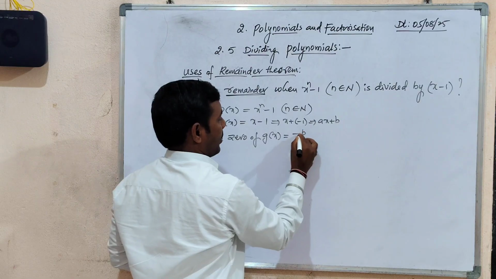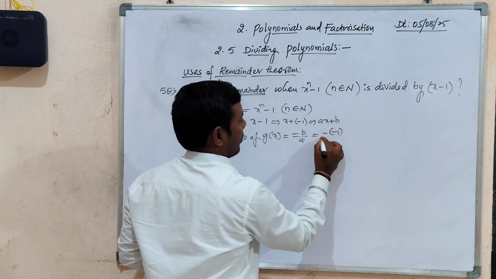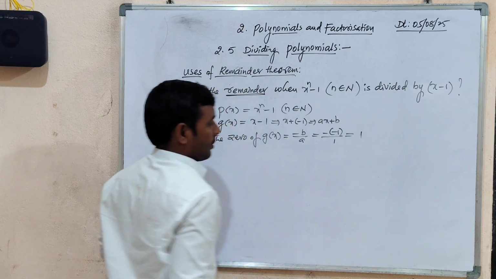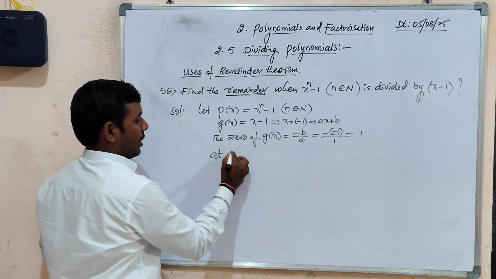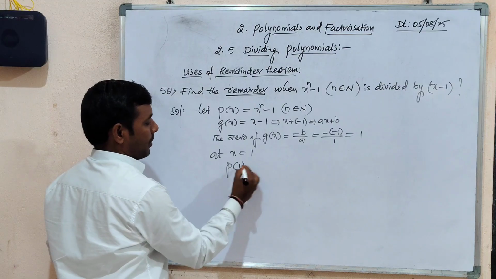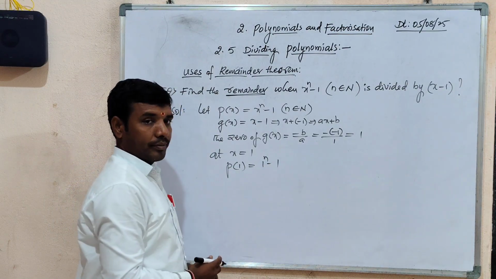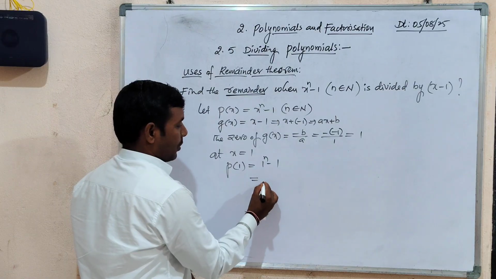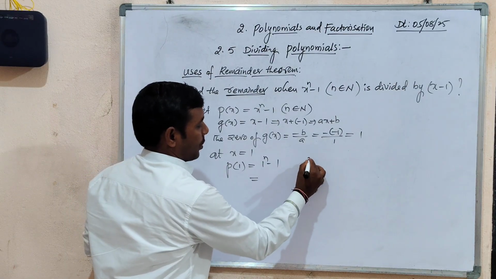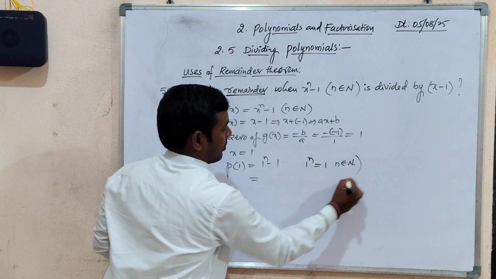Then by the formula minus b by a, that is 1 by 1, the answer is 1. So x is equal to 1, then p of 1, that means the remainder, is 1 to the power of n minus 1. Now 1 to the power of n is equal to 1, where n belongs to any natural number.